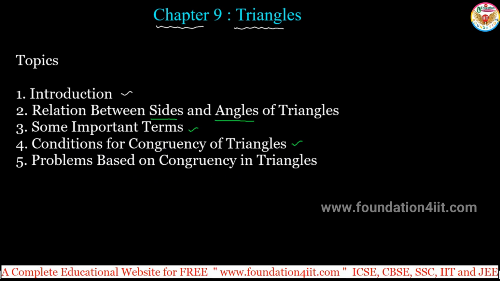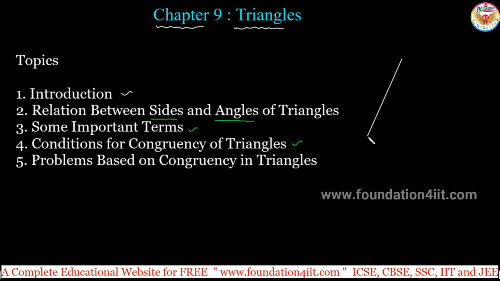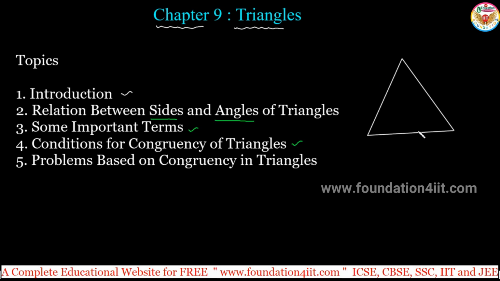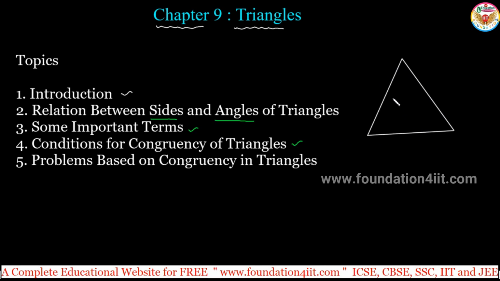Right. So when you see the word triangle, it is a plane figure bounded by three straight lines, a closed figure. A plane figure bounded by three straight line segments is called a triangle.